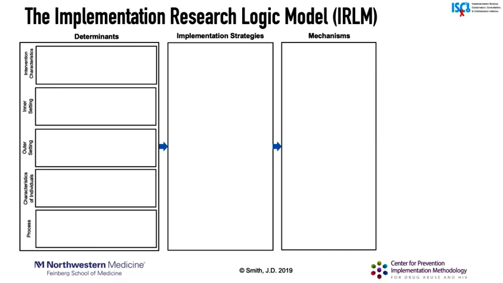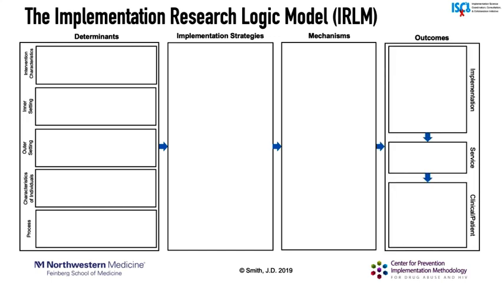And these lead to our hypothesized outcomes. As I mentioned before, we differentiate implementation outcomes from clinical patient outcomes. And borrowing from Proctor et al.'s 2011 outcomes for implementation research model, we also have service outcomes if those are relevant to your project.